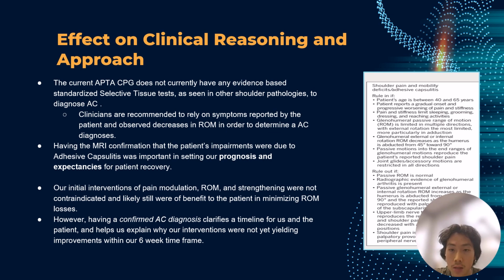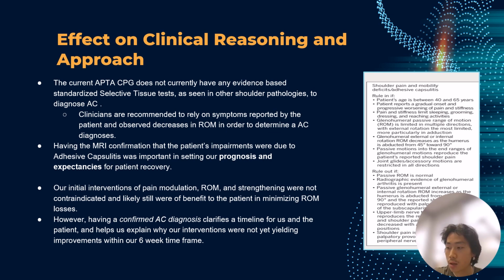In the CPG, clinicians are instead recommended to rely on symptoms and patient characteristics to determine the likelihood of whether or not they have adhesive capsulitis. So having the MRI confirmation that the patient's impairments were due to adhesive capsulitis as opposed to something else like a rotator cuff tendinopathy was important in setting our prognosis and expectancies for the patient's recovery.